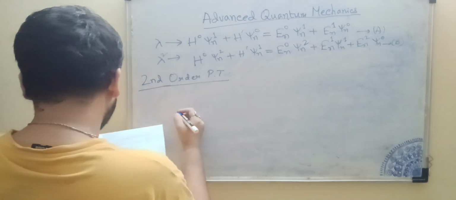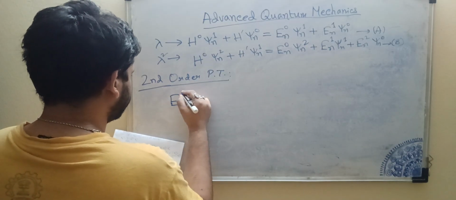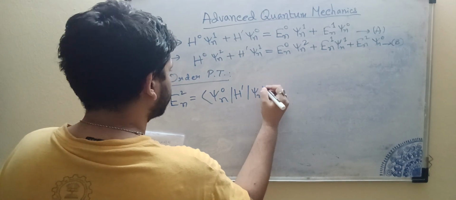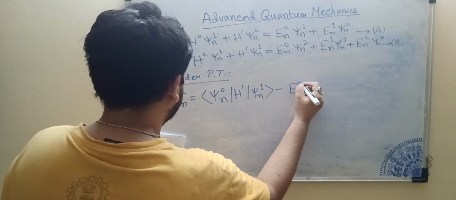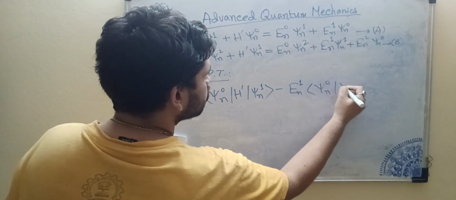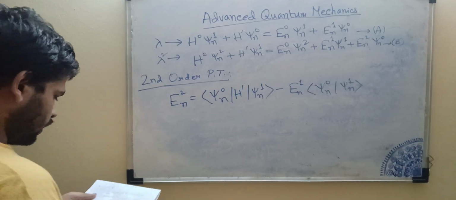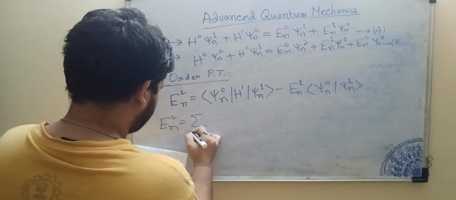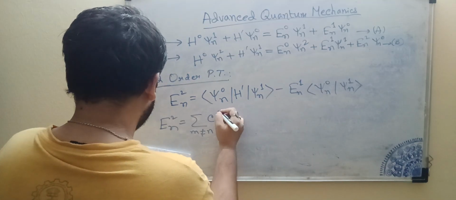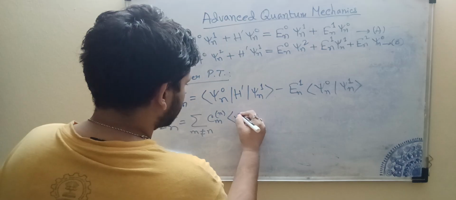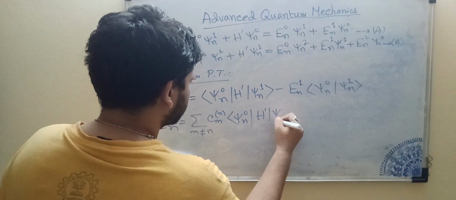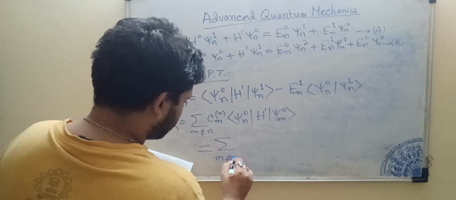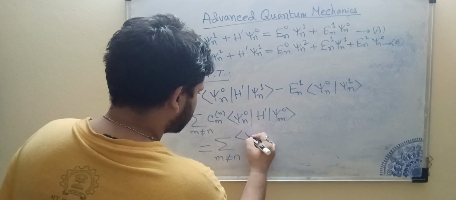So let's take an inner product on B. We will get En2 equals psi n0 H prime psi n1 minus En1 psi n0 psi n1, and this inner product will give us En2 as the summation over m not equal to n of Cmn psi n0 H prime psi m0.